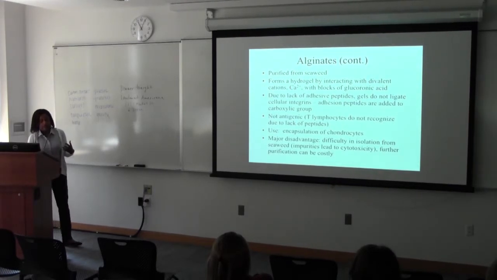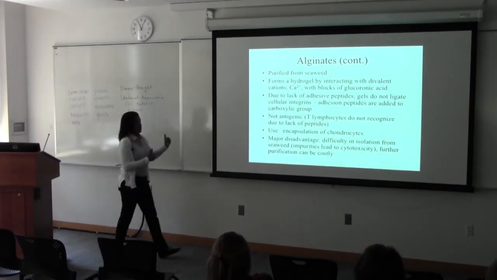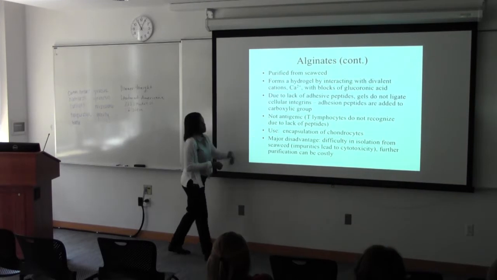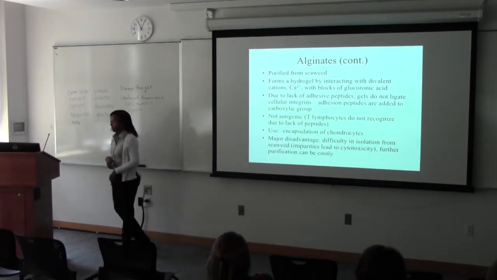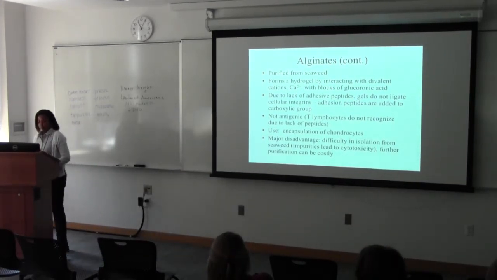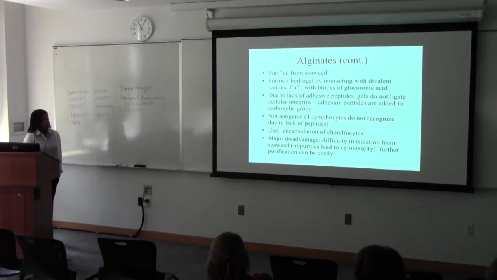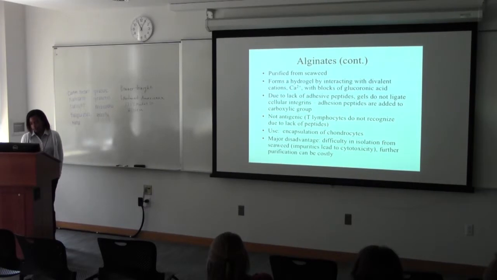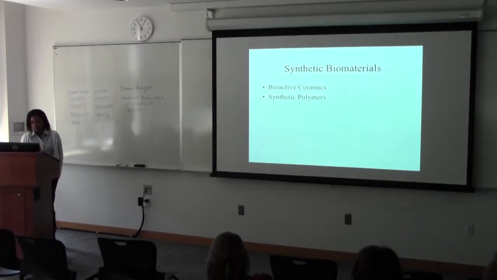You have to modify it with some peptides if you want to get some adhesion out of the cells, or add additional factors to it. Very mild response to the material. Like I said, it's mostly used in vitro so far, with some development.